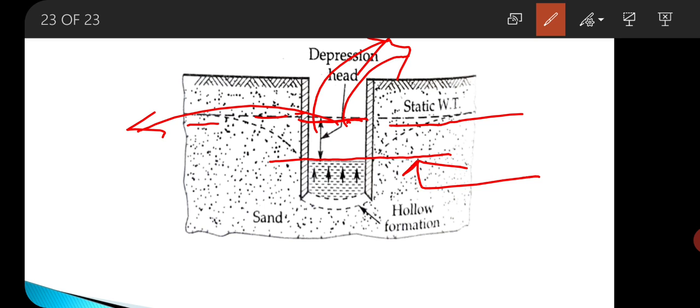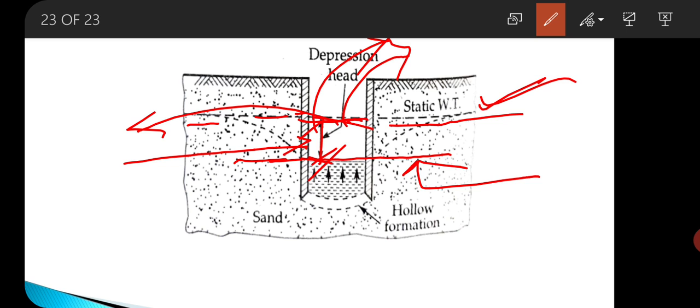So the level in the well will go down and stabilize at a lower level than that of the outside water table. This one is the outside water table and this is the final water level in the well. This difference in level is known as your depression head.